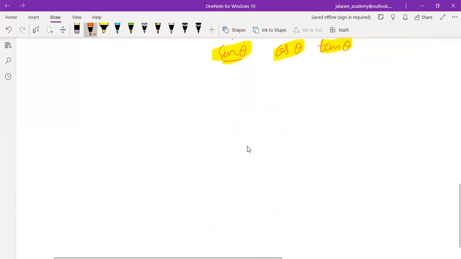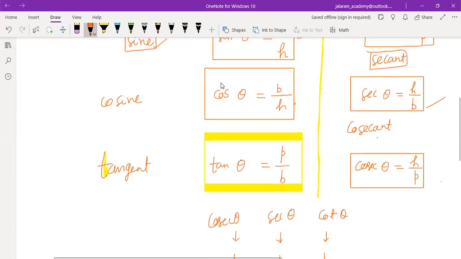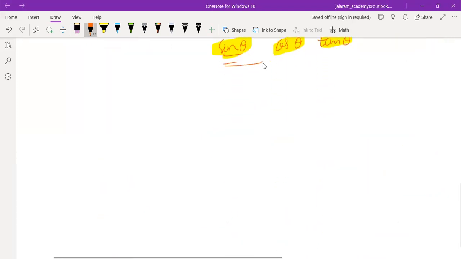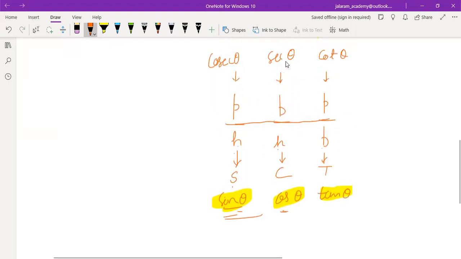So repeat with me, Pandit Badri Prasad, Har Har Bole, Sona Chandi Tole. So first one is Pandit upon Har, perpendicular upon hypotenuse, which is sin theta. The second is Sona Chandi, C for Chandi, but it is cos theta.